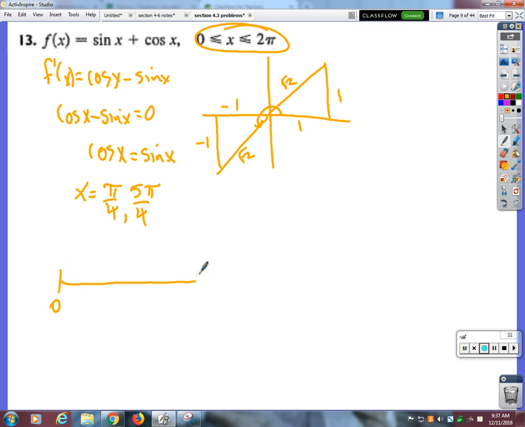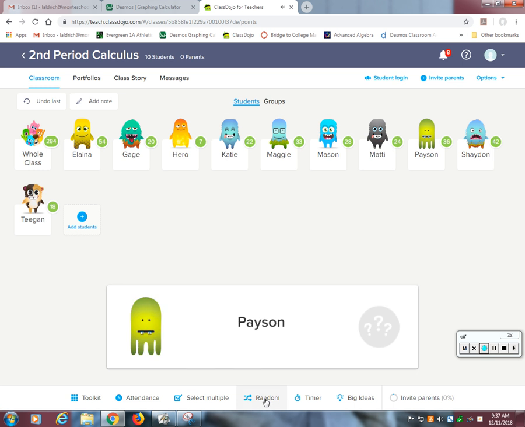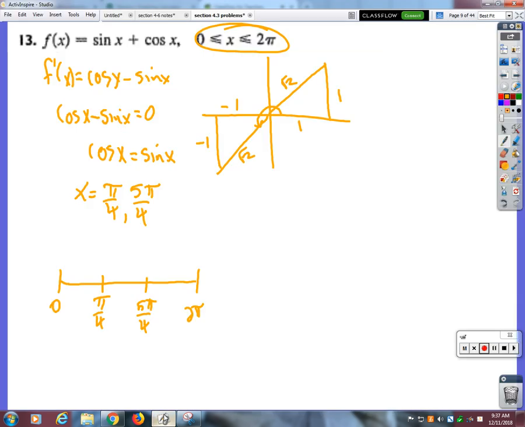All right, so I'm only going from 0 to 2 pi this time. One of my zeros is pi over 4. Another one is 5 pi over 4. Pick a number. Katie, pick a number. Pi. Okay.